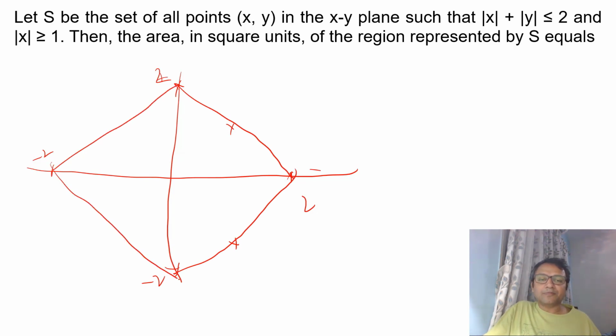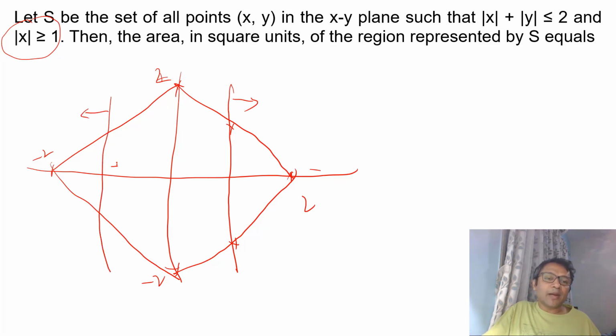It will be symmetrical. Now the condition is that mod of x is more than 1. More than 1 means it can be more than 1 here or less than minus 1. So I want this area and this area. If I find one area, I'll get the other one. So this point is 1, this point is 2.